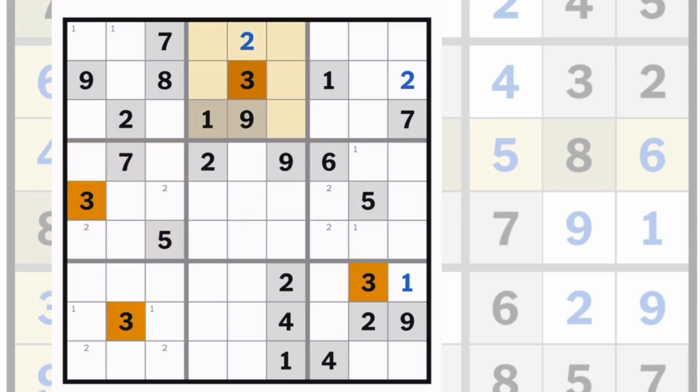We move to number 3. These are the two cells where number 3 is a likely candidate. And because of that, we now identify this is a cell where number 3 is a unique number. These are the two cells where number 3 is a likely candidate.